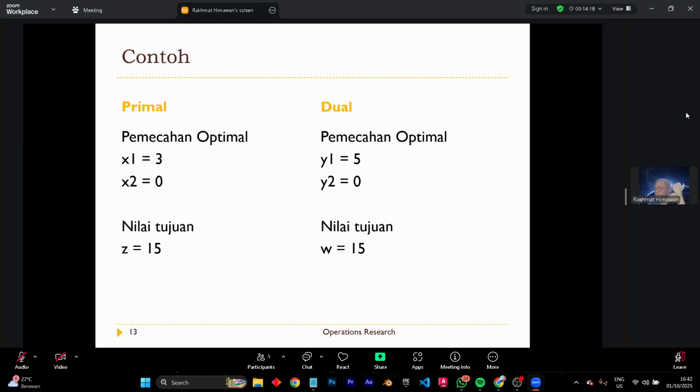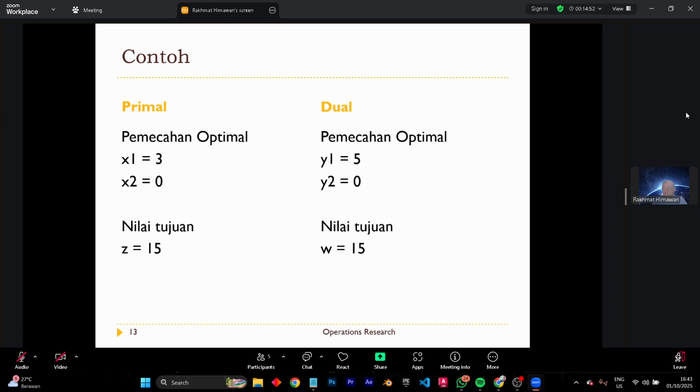We know that y1 and y2 are not x, but there is an additional analysis: if W is 15, y1 is 5, y2 is 0, what is going to be x? Basically, if you cannot find Z, and you don't know x1 and x2, you should not get stuck. Find the dual, and that means you see that this problem has a solution. You are not stuck because of infeasibility or any other thing.